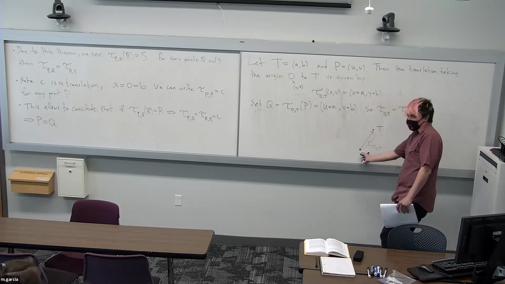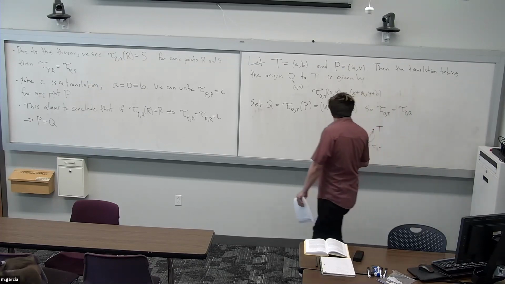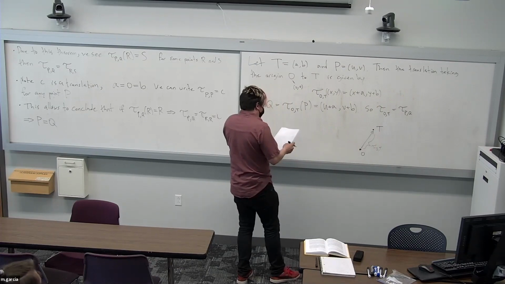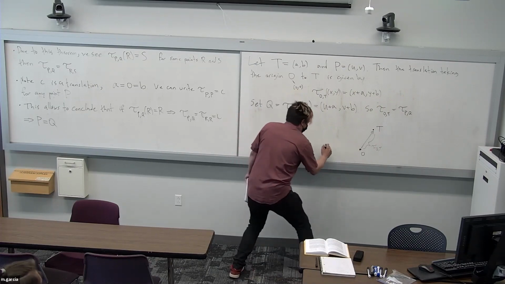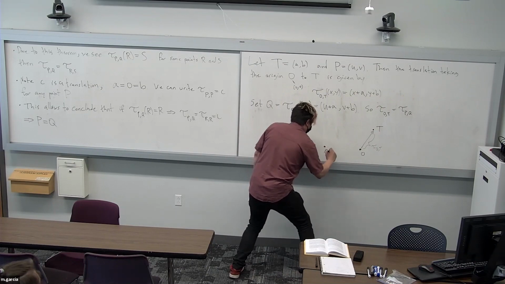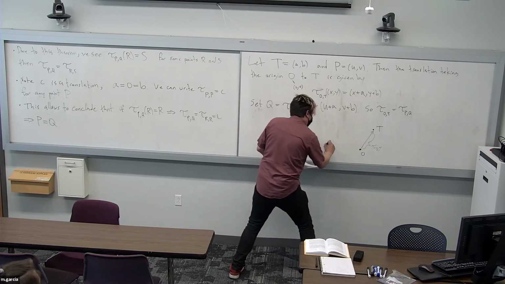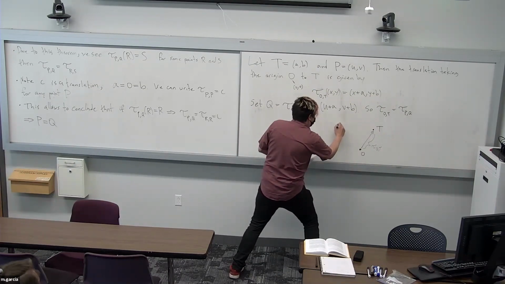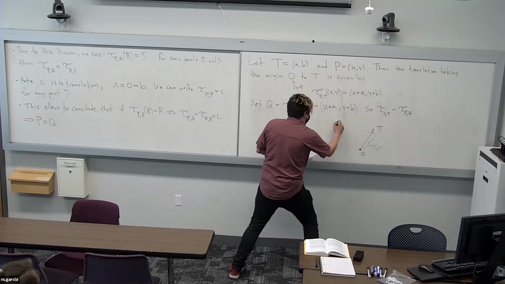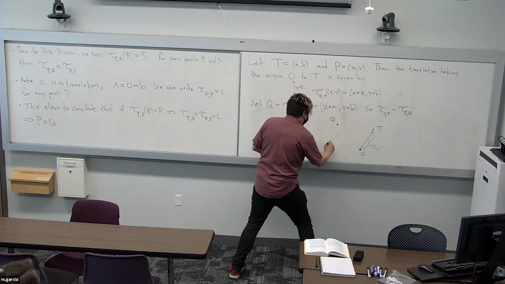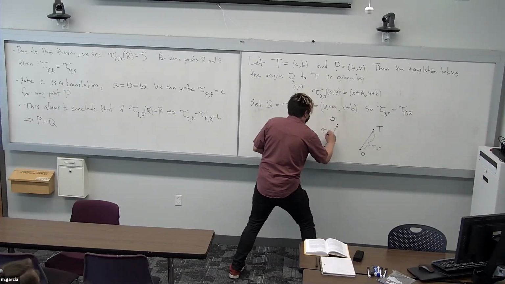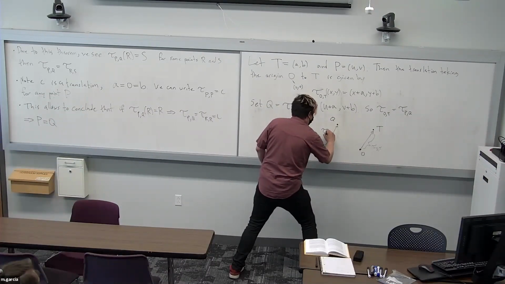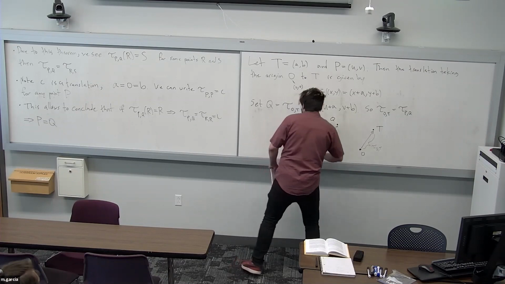It moves the point O to T. Okay? But we're also saying that for some other point, P, the image under our translation is this point Q. This is again the same translation, but this time expressed in terms of P and Q.